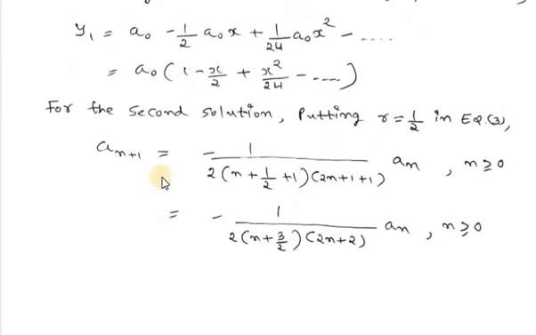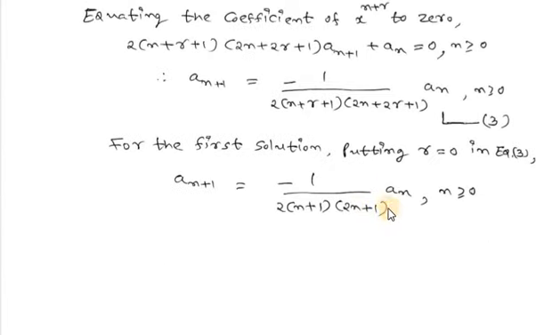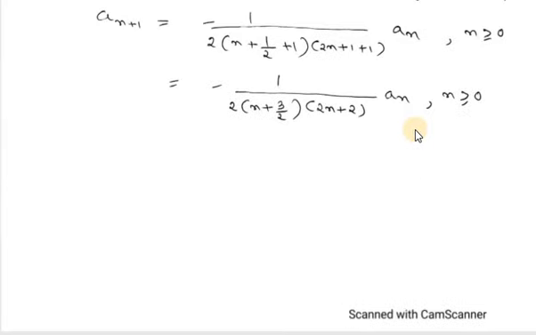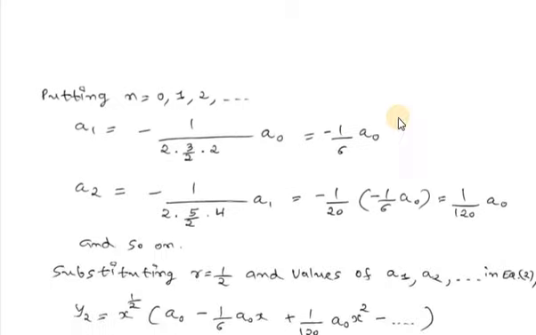So we have a(n+1) equals to minus 1 over 2 into bracket n plus, this is the value of r, 1 by 2, plus 1, then after 2n plus 2 into 1 by 2, so 2 will cancel out, plus 1 plus 1, into an. Now we have to simplify this result, so it will become minus 1 over 2 into bracket n plus 3 by 2, over 2n plus 2, an, where n is greater than or equals to 0.